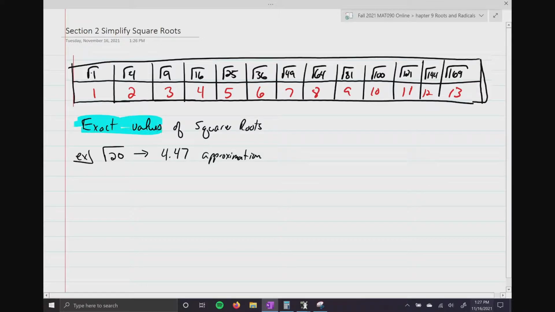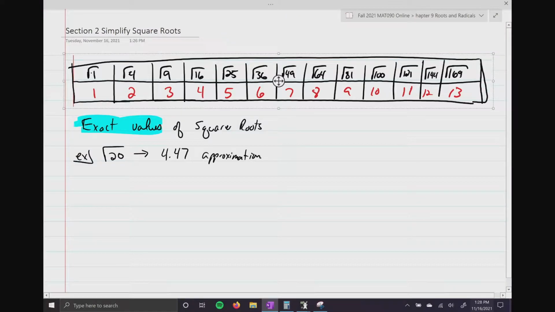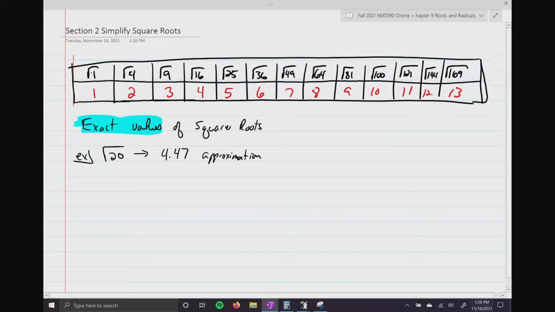Okay? Now, the key to this entire section, the key to this entire square root thing is we need to think perfect squares.